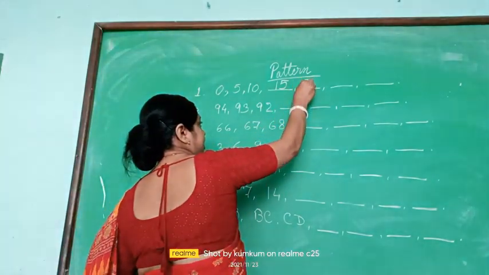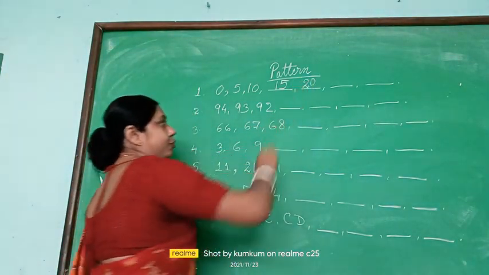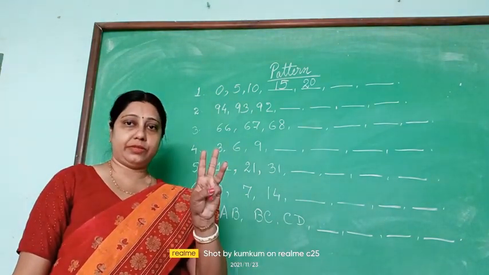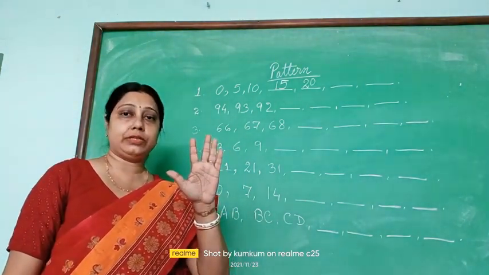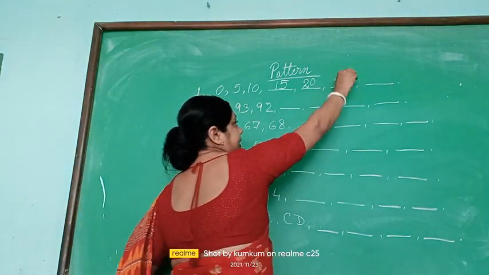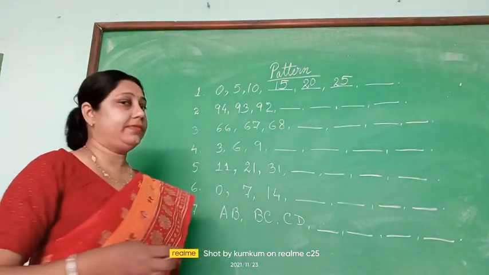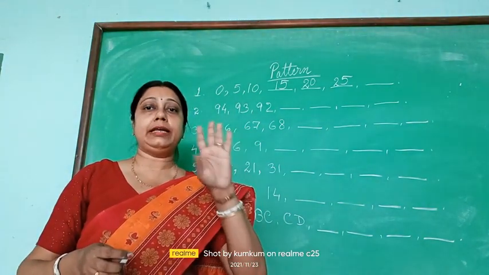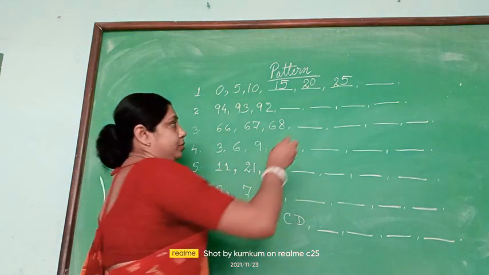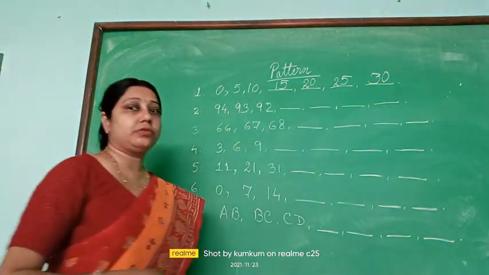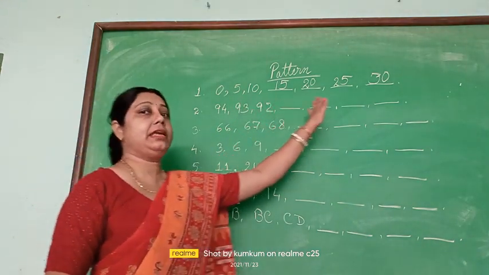That means I am going to write here 20. After 20, 21, 22, 23, 24 and 25. That means here I will write 25. After 25, 26, 27, 28, 29 and 30. So I am going to write here 30. So now see the first question already we have done skipping in 5s.